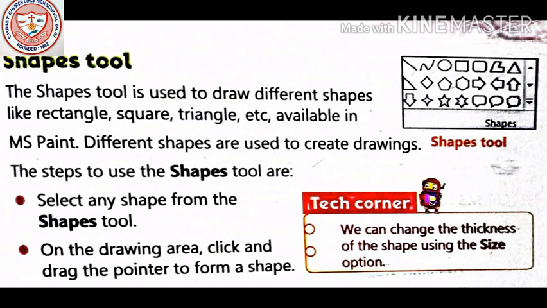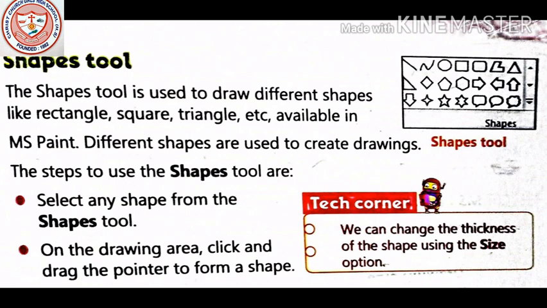After selecting the shape which you want, you have to just go to the drawing area and the mouse pointer converts into a star shape. Now over there you just drag it where you want. However big you want, you can drag it and the shape is made.